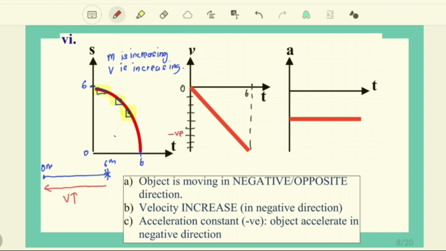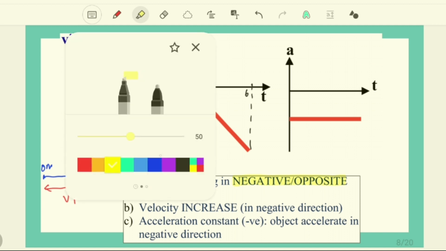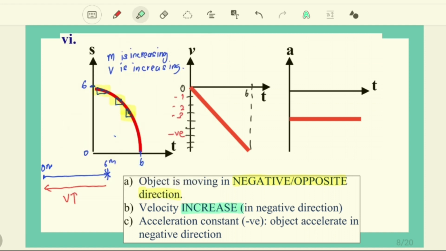Tapi the magnitude, nilai dia bertambah. 0, 1, 2, 3 dan bertambah. But the negative value based on the direction of the motion tadi, the direction of the motion is opposite direction. Okay, remember, velocity is increasing. Here, the velocity is increasing, but okay, bila kita lukis, increasing from 0 to certain value lah, bertambah. 0, 1, 2, 3, 4, 5, 6 for example.